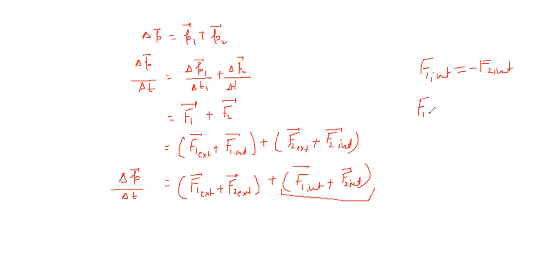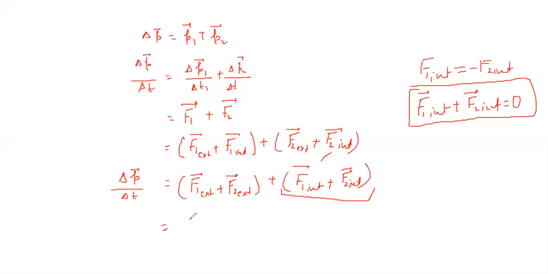So F1 internal plus F2 internal equals 0. Okay, so this bracket becomes 0. So we are only left with the bracket F1 external plus F2 external plus 0, and this is equal to F external. So we can easily write F external equals delta P upon delta T. Okay. So if F external equals 0, then delta P equals 0, and that is the proof.